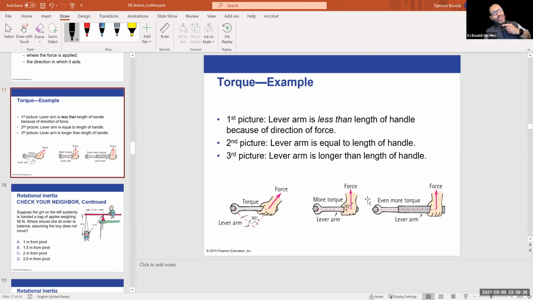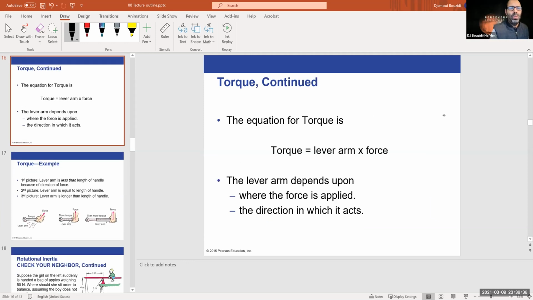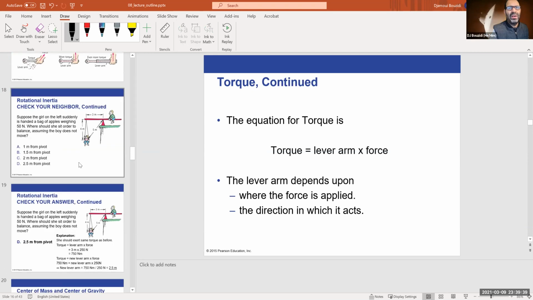That's exactly what the engine does, actually, because it wants to spin things. Whenever you're trying to spin something, you need a torque. As a matter of fact, let me give you an example where technically we have a problem.